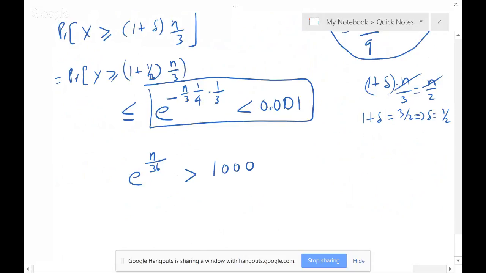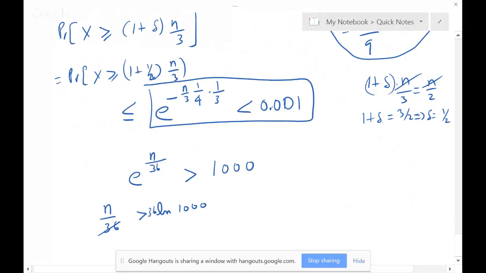Now I can take the ln on both sides. So n by 36 is greater than ln 1000, and so the 36 can go over here.